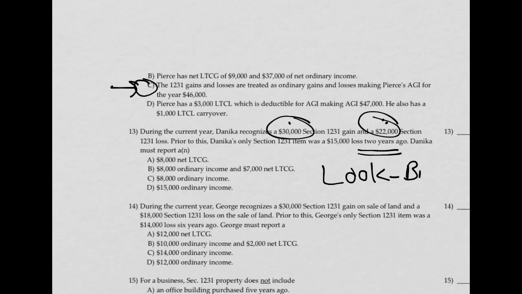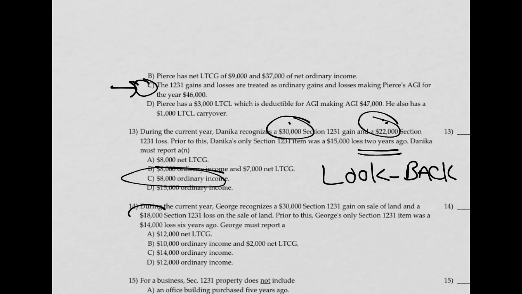And is it within five years? Here it is, within five years. So what does that make the $8,000 gain? That makes the $8,000 gain ordinary income. That's what the look-back rule does. Answer C.